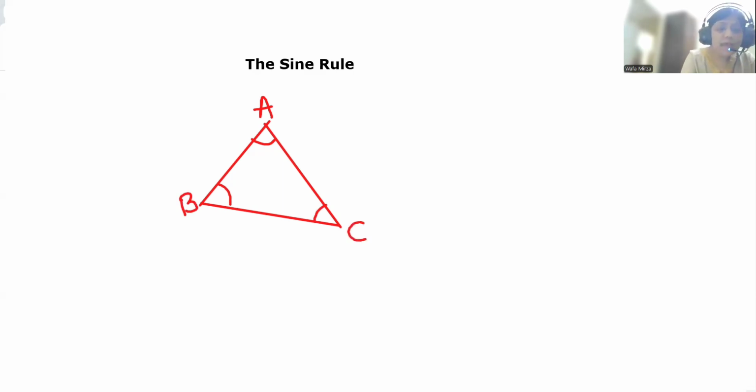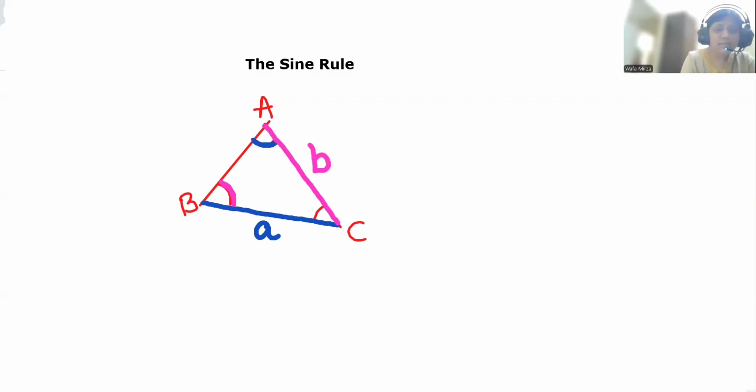Now, the side which is opposite to angle A, we will say will have a side length small a. Similarly, the side which is opposite to angle B, the length of that side will be small b.